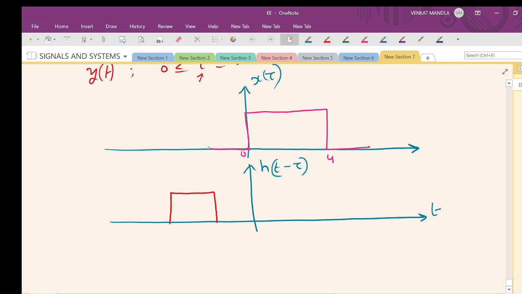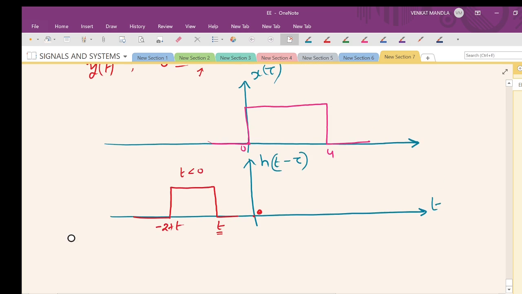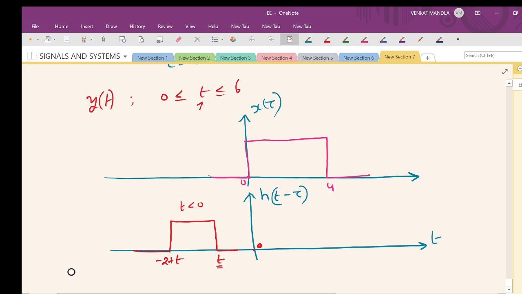I am assuming here that t is negative. Here is 0, and this is t minus 2 plus t. So clearly this t is less than 0. Then we have to multiply these two signals, x(tau) and h(t minus tau).